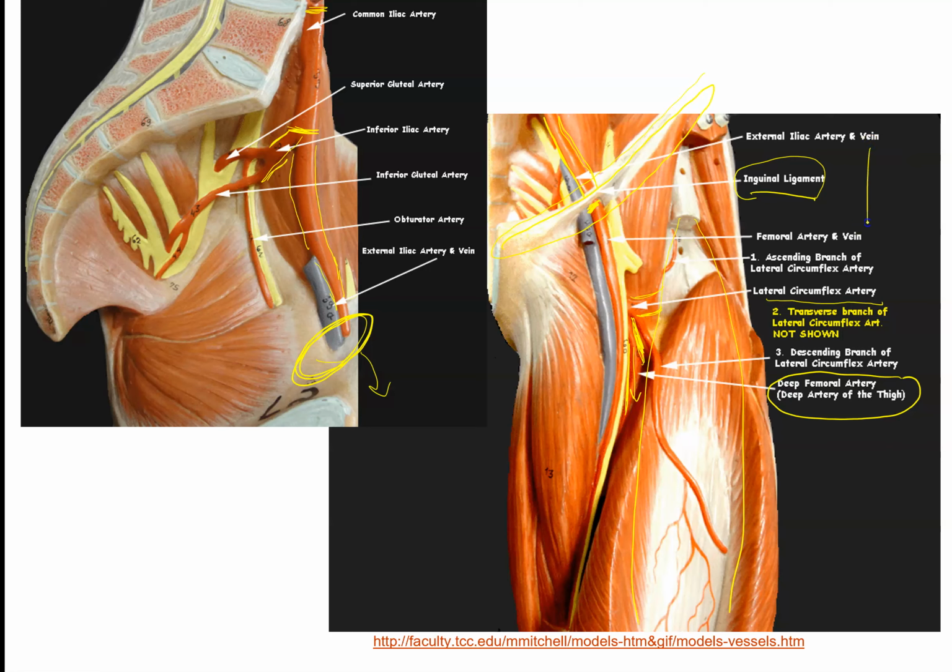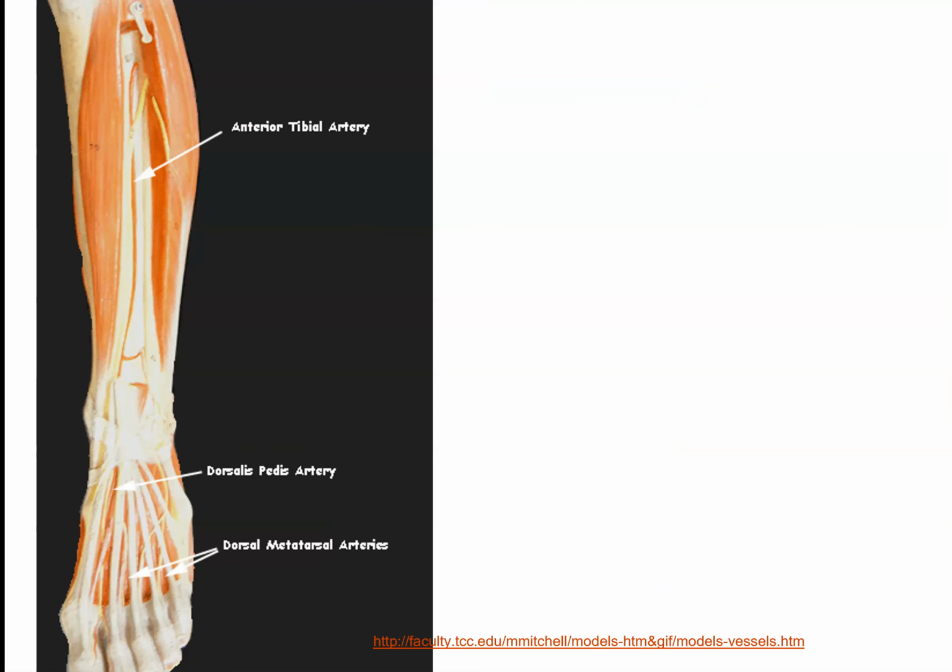On the front of your leg, hopefully you remember there's a muscle going straight up and down in your thigh, and that's rectus femoris. That's the muscle that's been removed here, so that you can see the deep femoral artery and the lateral circumflex femoral artery.